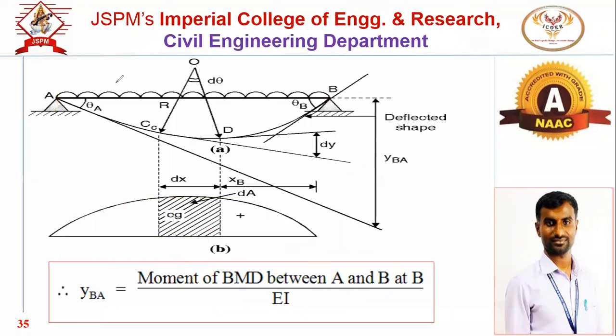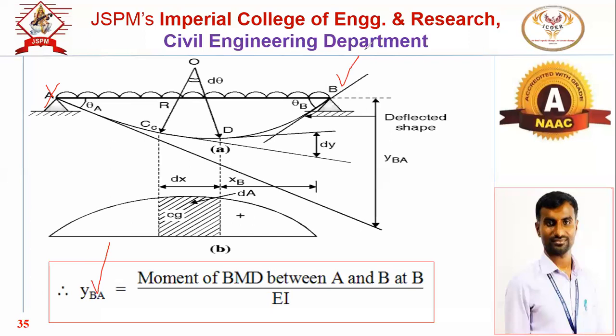Understand this properly. We do not find the moment at point A; where do we find it? At point B. Why? Because we want the deflection at point B. So always consider the moment of area at the point where we want the deflection.